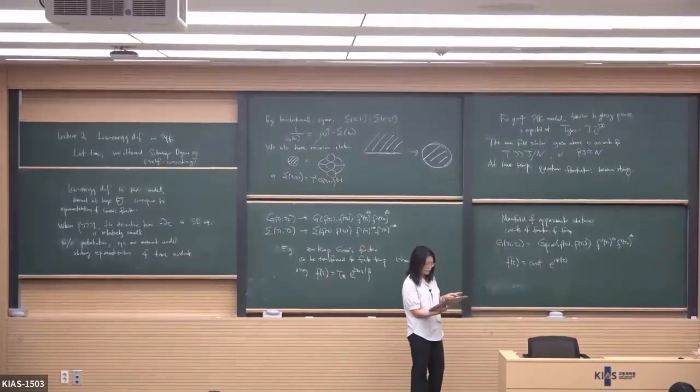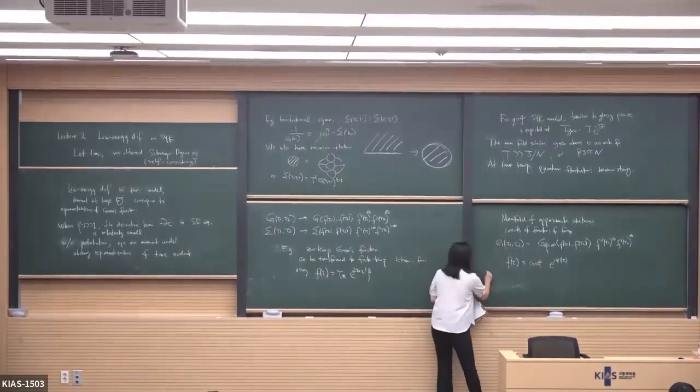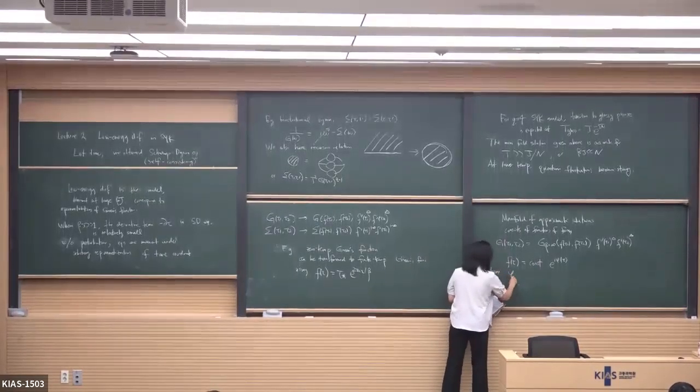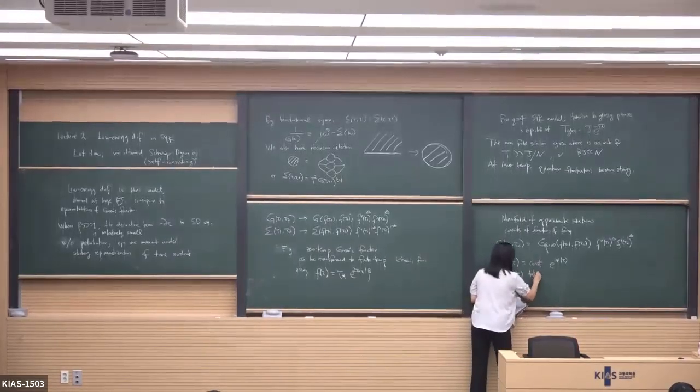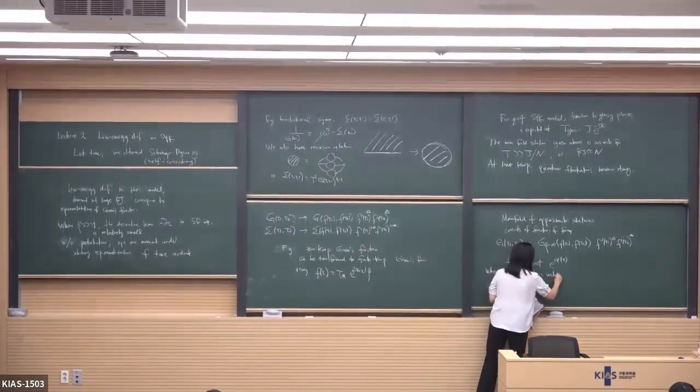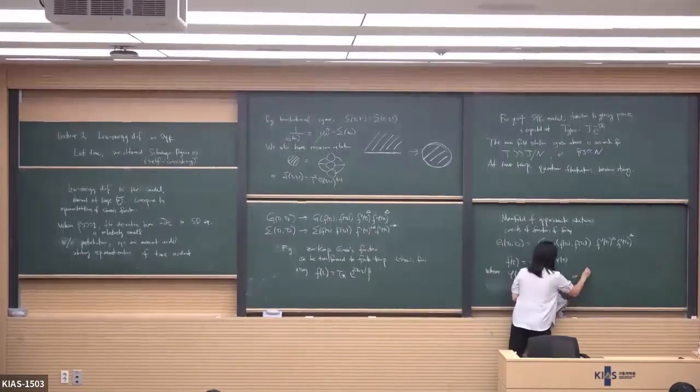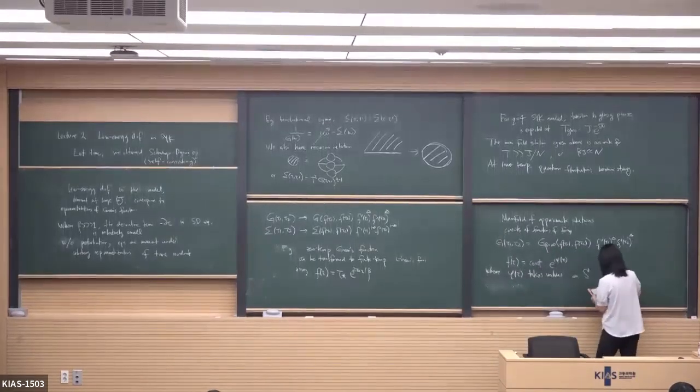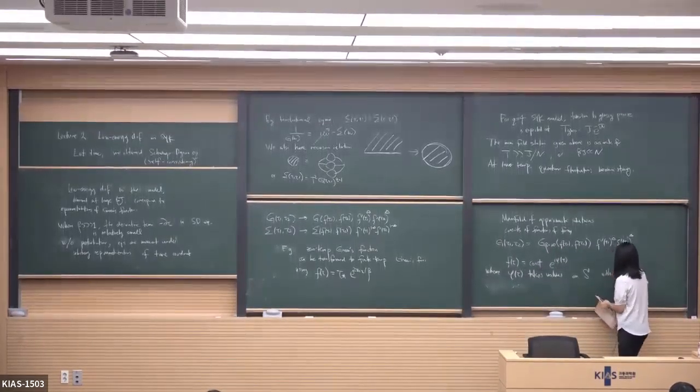Any questions at this point? Here phi of tau takes values on S1 with circumference 2 pi.